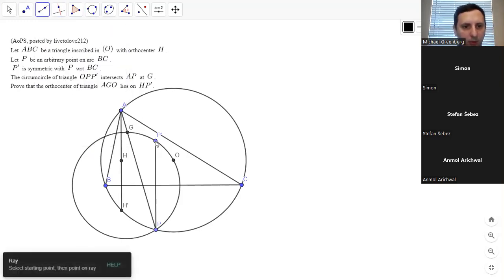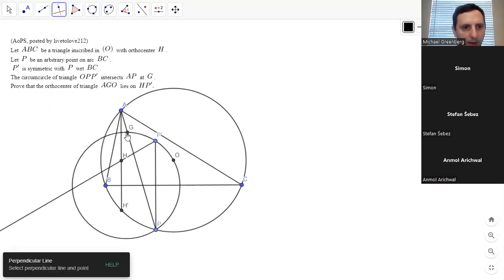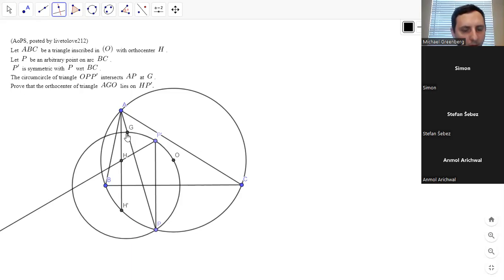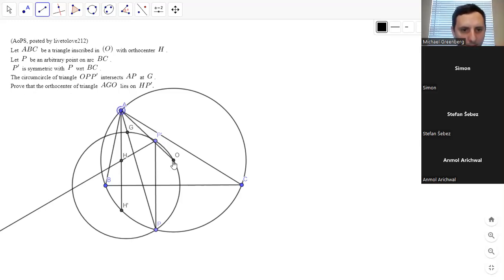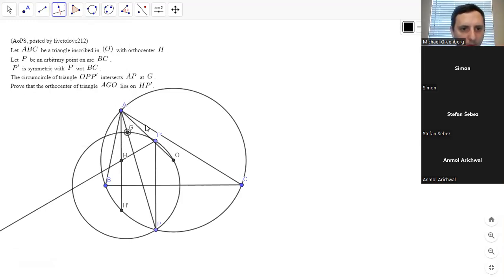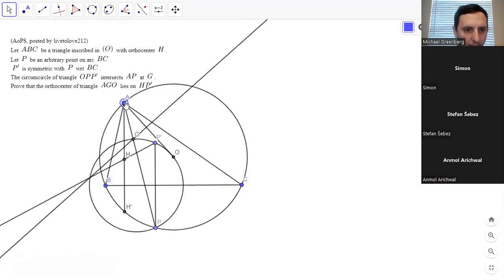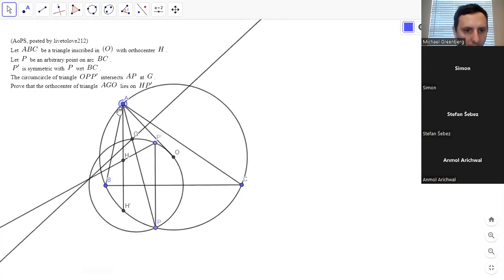Let's draw HP prime, and let's draw AO in, and let's draw the perpendicular from G to AO. Does it meet on this circle? Okay, it meets on the circle, which is interesting.